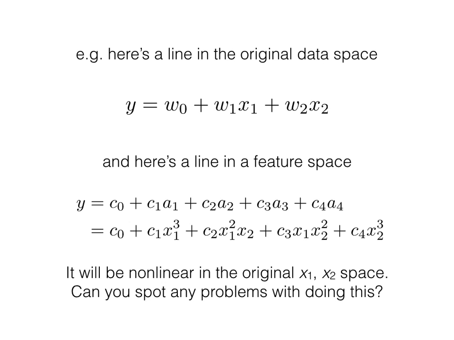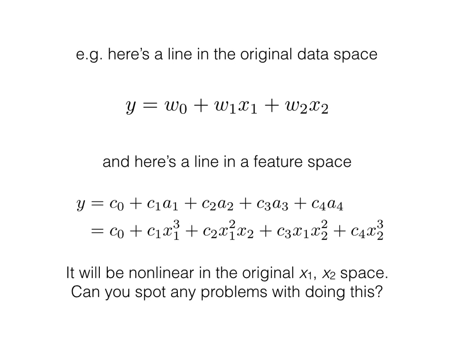So it's c0 plus c1x1 cubed, c2x1 squared x2, c3x1 x2 squared, and c4x2 cubed. So you can see it's curved. A straight line in feature space is a curved line in data space.